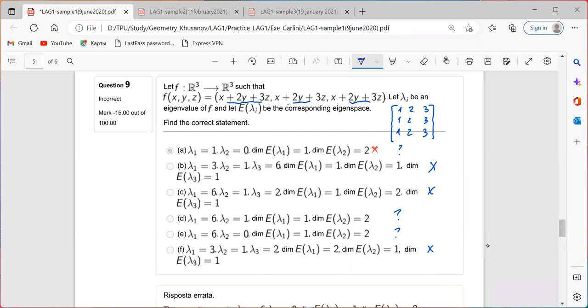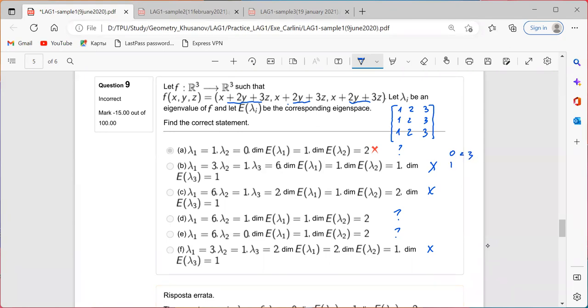So let's consider A minus lambda I. Instead of lambda, let's check 1. If we put 1, it will be 1 minus 1, which is 0. Then 2 and 3 we have.